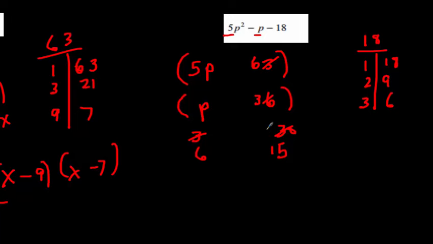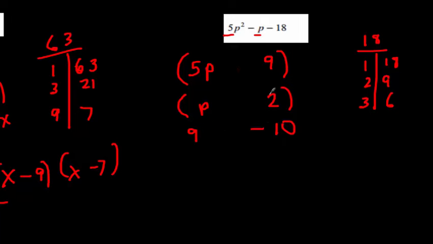But what happens if I try the 2 and the 9? If I put the 2 here and the 9 there and then cross multiply, I get a 10, and I'm just ignoring the letter, and 9. Now, is there a way to make a negative 1? Absolutely. We know that 9 minus 10 gives me a negative 1.